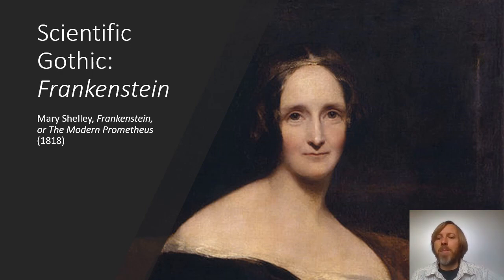But maybe there are limits to what we can do, whether we should do that. So it creates both a counter image to enlightened optimism, and, as we will see, to romantic idealism as well. And it is a foundational text for sci-fi. And of course, with the creature, Frankenstein's creature, it creates one of the primal archetypes of horror fiction for the next centuries to come.